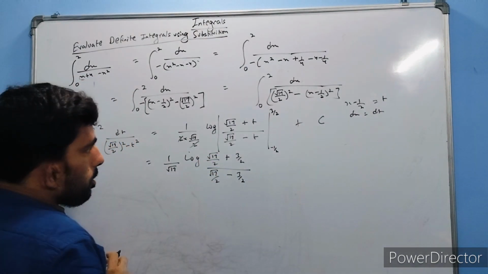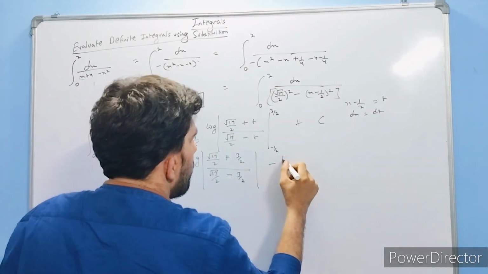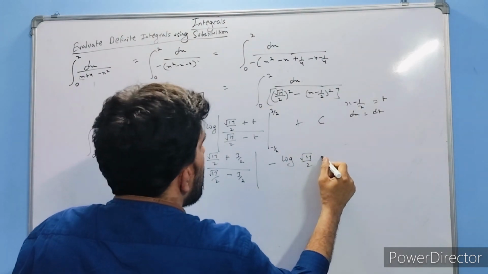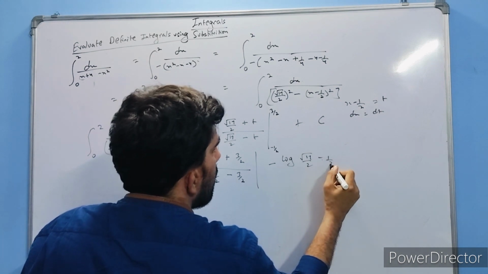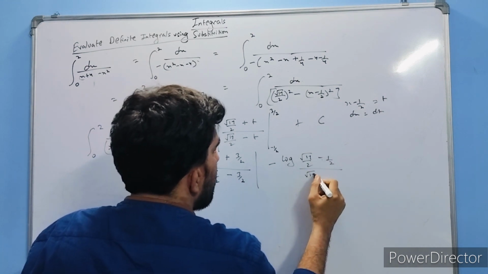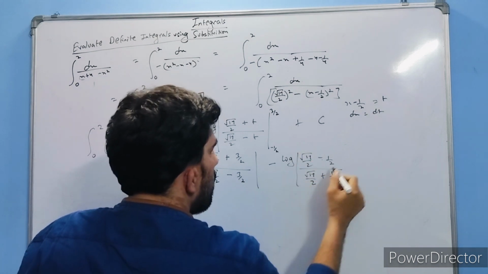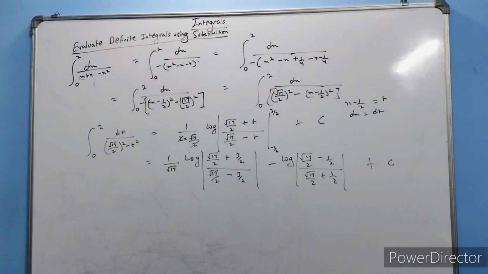Okay, here now the next I have log root 17 upon 2 plus, it will be then minus half upon root 17 upon 2 minus, it will be plus half, plus c. So let us see how we solve this.